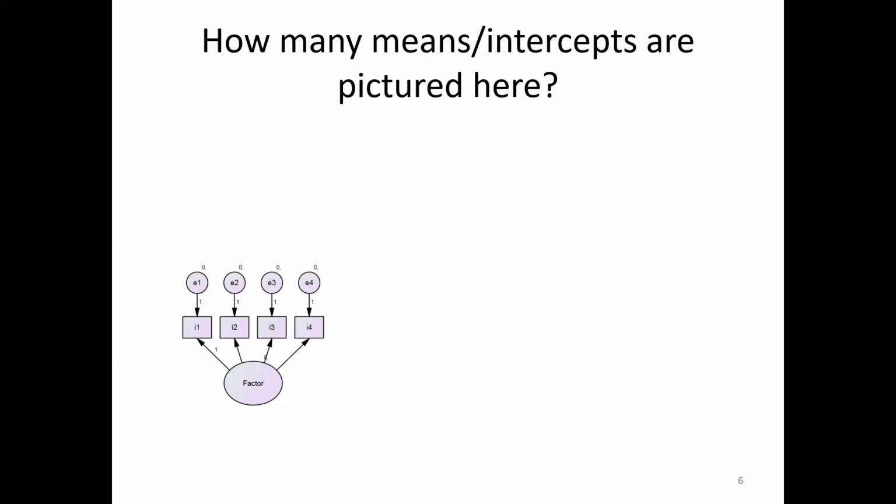I have a mean for each group. So if I have 2 groups here, I would have 8 pieces of mean information: the means on x1 through x4 in group 1, and the means on x1 through x4 for group 2. So I have 8 pieces of mean information, and I need to estimate the means and intercepts for my model. So what could I do? Any ideas?